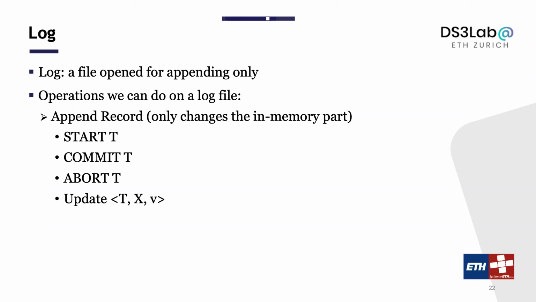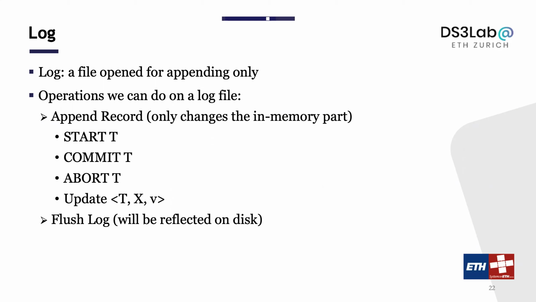I could have in my log the old value or the new value of object X. For example, if one transaction says set X to 10, you can put in your log that transaction T wants to update the value of X to 10. You can write that down as one record and append it to your log.